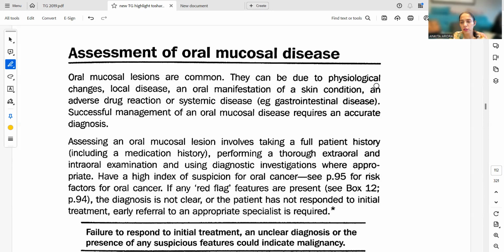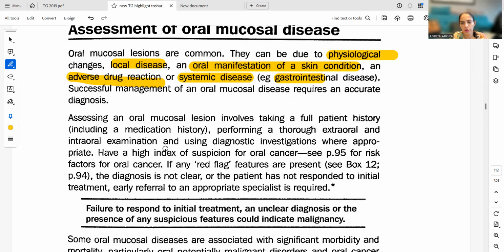So, see, it could be a variety of conditions: physiological, any local disease happening like trauma or burn in the cheek region, oral manifestation of a skin condition, maybe a pemphigus, or adverse drug reaction, which is leading to some blisters or ulcers or rashes inside the mucosal lining, systemic disease like GIT, giving oral manifestations.